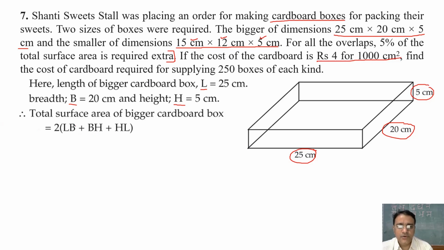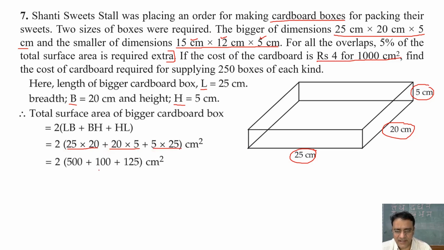Substitute all the values. So we are getting 500, 100, 125. ठीक है? Okay, 725 into 2. So 1450 centimeter square. अब ये हो गया total surface area.